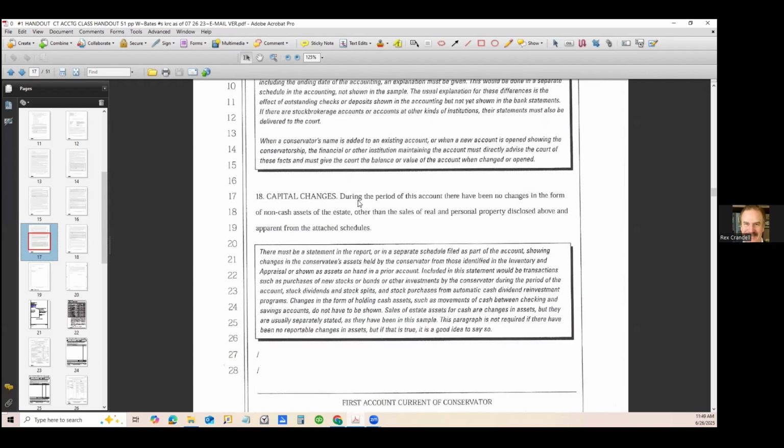Capital changes. Basically, I use this mostly when I'm talking about sales of stock or account transfers. Again, remember when I stated that I have, say, a stock portfolio account that's listed under the probate, the decedent's name specifically, and it gets transferred to an estate account, I will list that here.